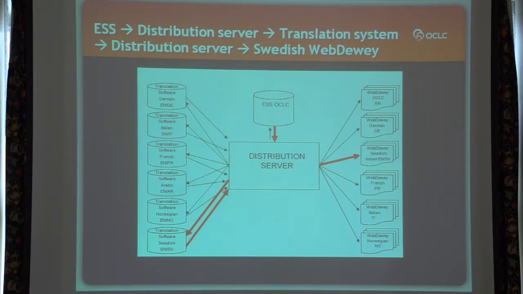The record, the concept, is translated with that view toward interoperability and localization. It's indexed, and some things may be mapped to it too. So further data may be associated with it. And then it gets pushed back to us, but it also gets pushed to Web Dewey, the Swedish version.